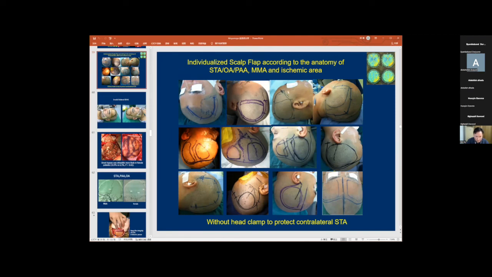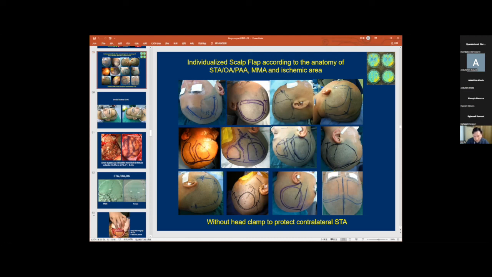And like this patient, it's a very extensive ischemia for all the frontal lobes, parietal lobe, occipital lobe, even temporal lobe. So we do a very extensive bone flap and scalp flap.